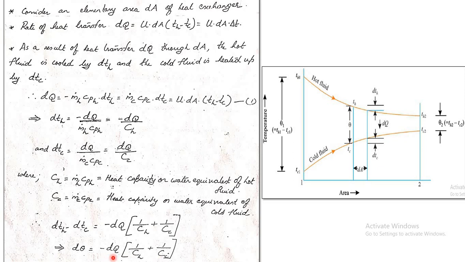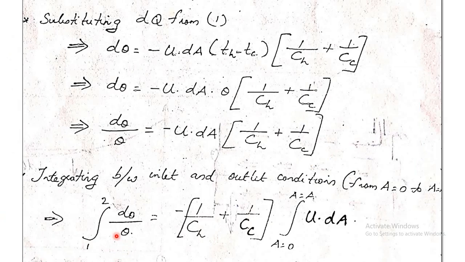Now let's substitute the value of dQ from the equation dQ is equal to U dA (Th minus Tc). So we will get d theta is equal to minus U dA (Th minus Tc) (1 by CH plus 1 by Cc), where Th minus Tc is theta. So substitute that value here and rearrange the equation.